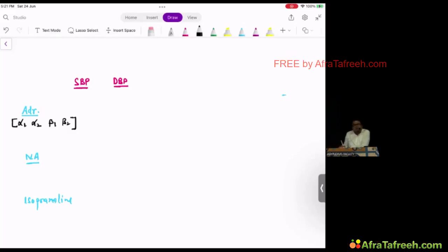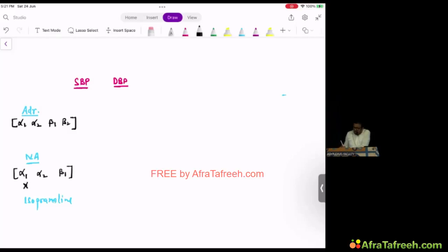NA is not all, noradrenaline, not all. So noradrenaline acts on alpha 1, alpha 2 and beta 1. It does not act on which receptor? Beta 2. So which action can it not produce? It does not act on beta 2, so no vaso- or bronchodilation.